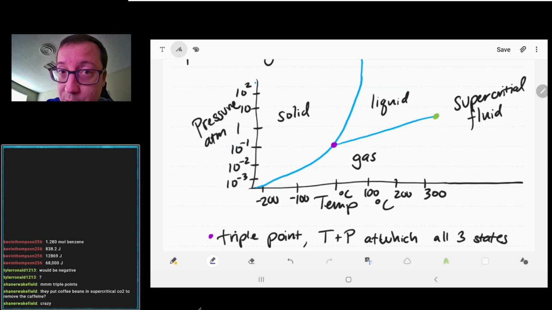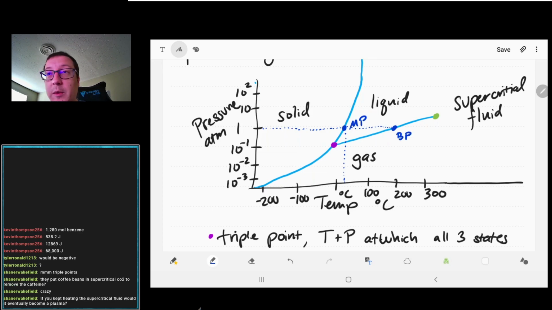Typically, we talk about melting point and boiling point at 1 atmosphere. So if we were to trace this along here, this temperature would be our melting point on that graph. And if we were to continue to where it turns into a gas at 1 atmosphere, that would be our boiling point.